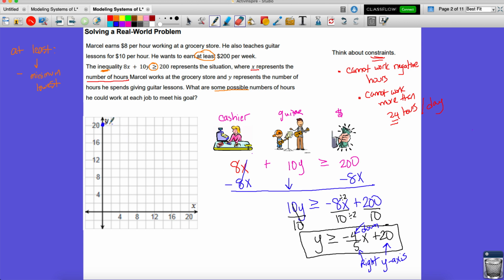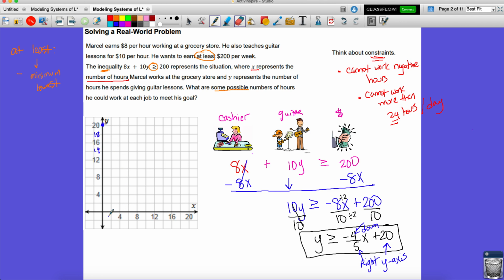I noticed that there's only 2 boxes, so each box is actually 2. Hold on, let me make sure. This is going to be 18, 14. So when I go down by 4, I'm going to go down only 2 boxes, because 20 minus 4 is 16. And then we're going to go right 5 spaces.